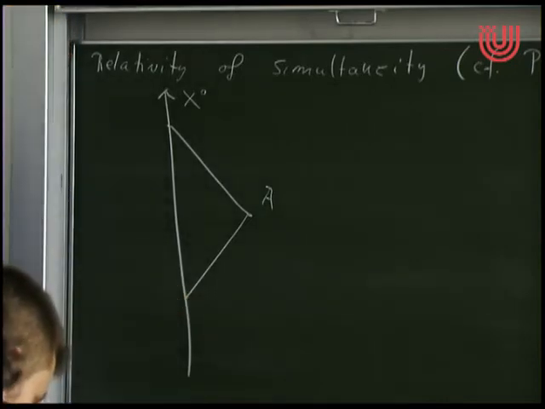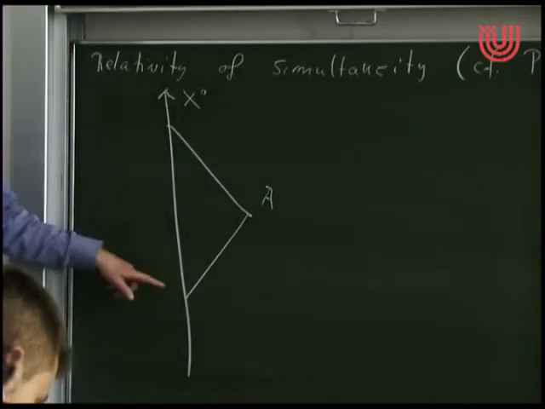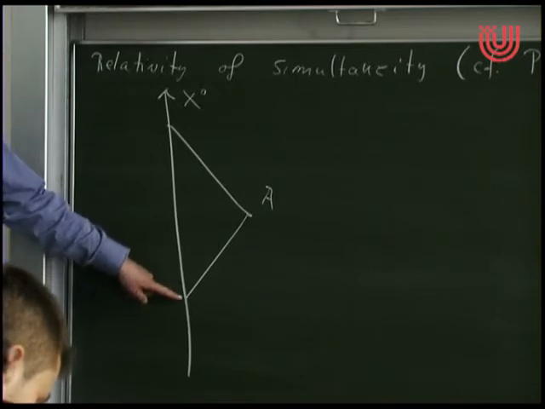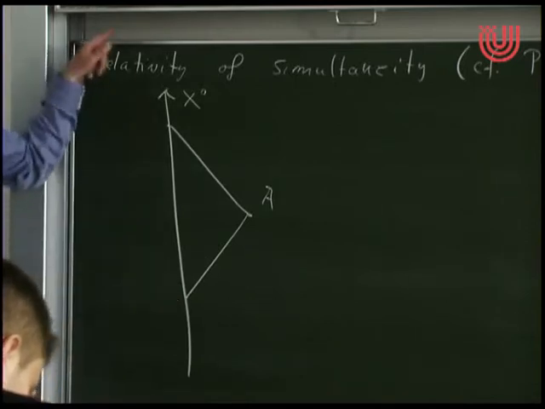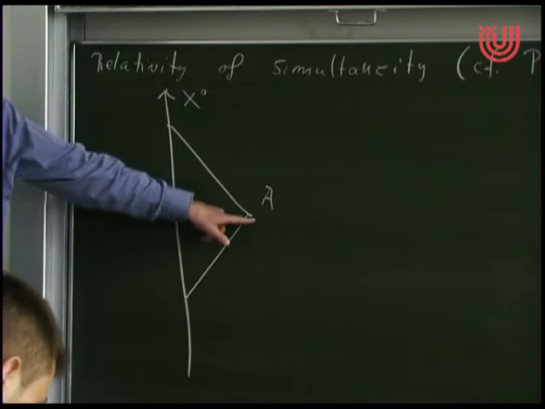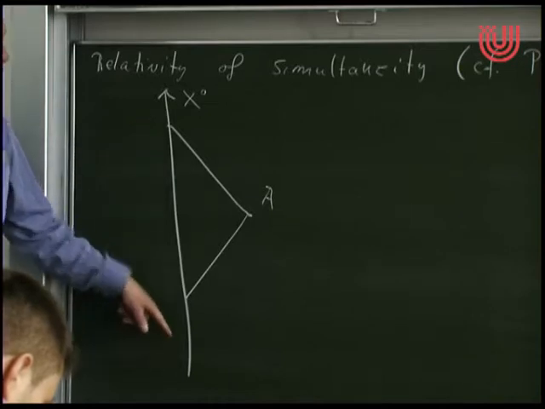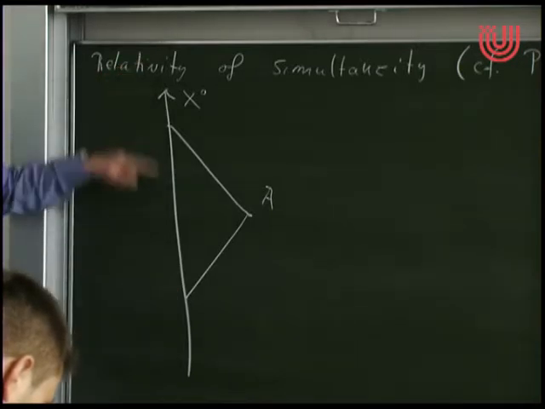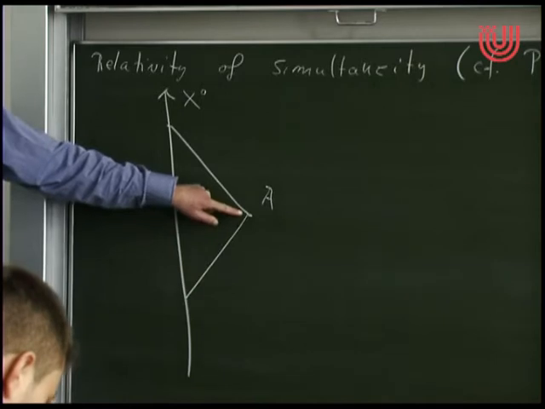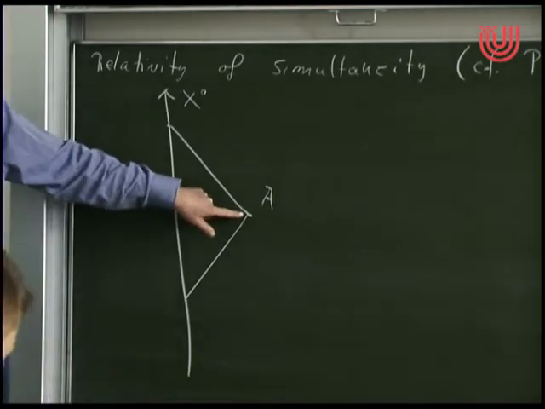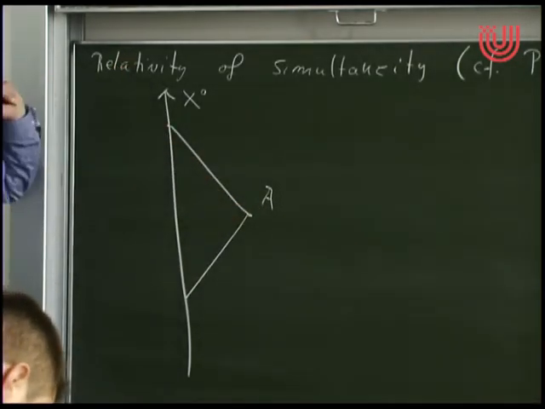I think it's geometrically obvious. And this means there's precisely one light signal from the world line in the origin to the event A, and precisely one from the event A to this world line. So we may think of this observer who sits on this world line sending this light ray here, and in the event A, there's a mirror which reflects this back to the observer.